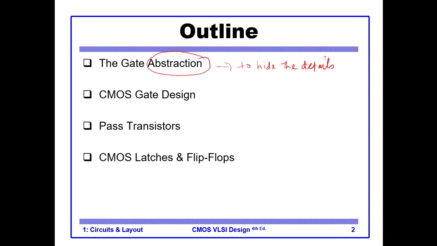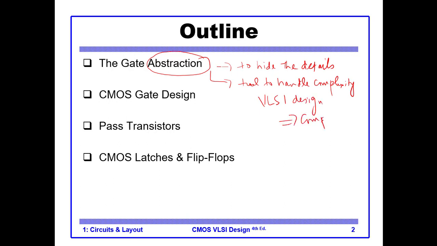This is a very important word for electrical and electronic engineers, because all the complex systems that EE engineers build are based on this principle. Abstraction is basically a tool to handle complexity.